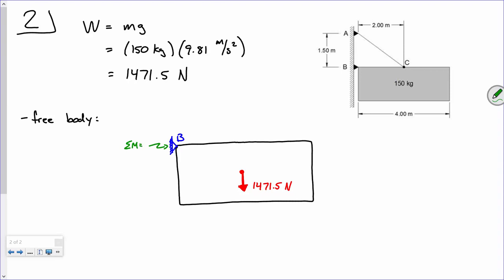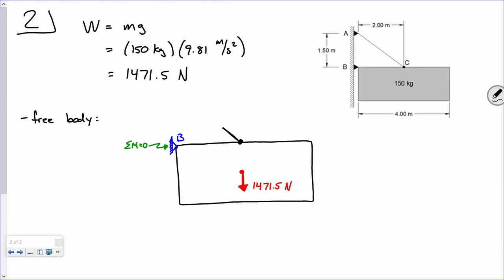Sum of moments has to equal 0, okay? So that's got to be true there. All right. Now, I've got this point C right here, and I have a cable. Now, that cable is going to be subjected to some level of tension, right? So tension means yanking on it, pulling away.